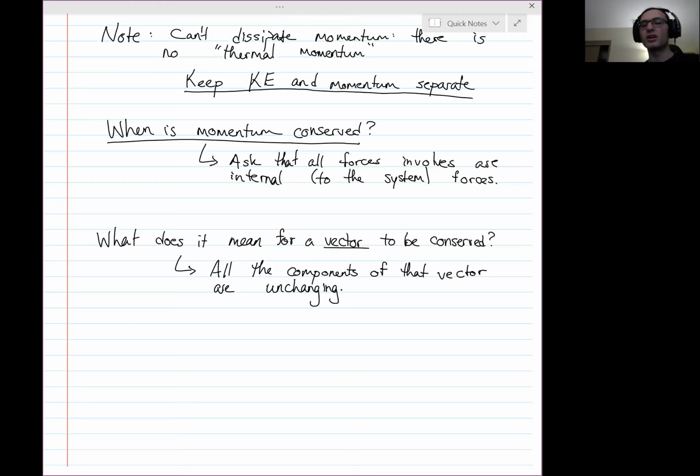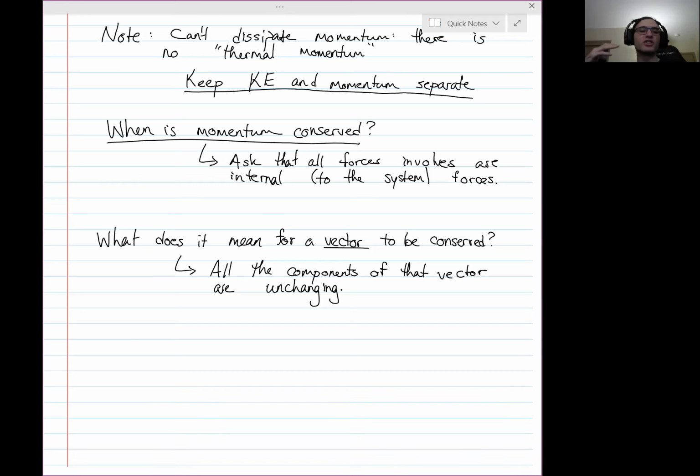However, there are more specialized cases where only one of the components is not changing, right? So for example, let's say you throw a ball. Assume no air resistance and so on. Once the ball is in motion, there's only one force acting on it, gravity, and that acts in the downward direction.